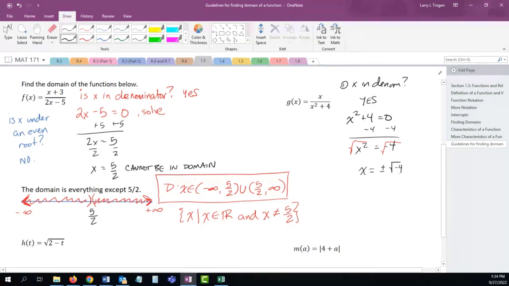Uh-oh. All right, what is that going to be? Well, the negative comes out as i, and the square root of 4 is 2. So this is positive and negative 2i. Okay? So I told you if x is in the denominator, there's always going to be some number that you can plug in for x that makes the denominator 0.